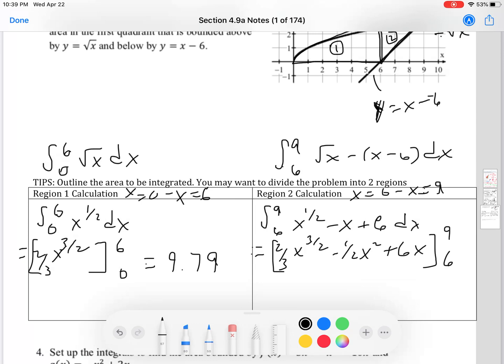And in the real world, you may want to be using a calculator for this one. You definitely got your share of nasty numbers for this. So we're just going to see what this comes out to. So we got 2/3 x to the 3/2 minus 1/2 x squared plus 6x, and our limits of integration are from 6 to 9.